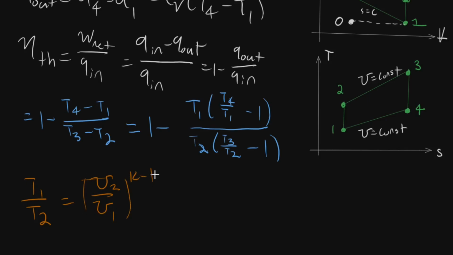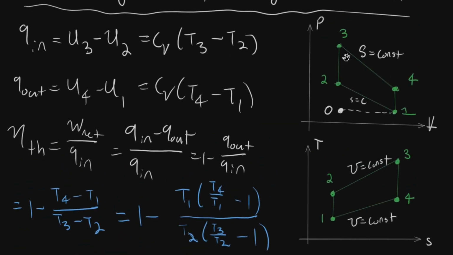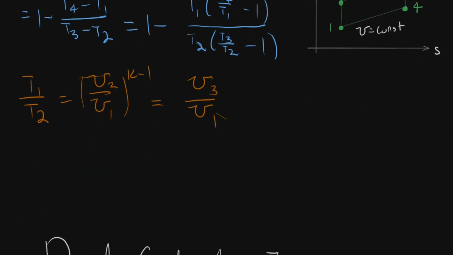Since our working fluid is air, K is something that we're just going to know, and this has to equal our V3 over V4, because the ratios of our volume between 1 and 2 and 2 and 3 are the same, right? It just goes between top and bottom dead center. All of this to the power of K minus 1, which equals T4 over T3.